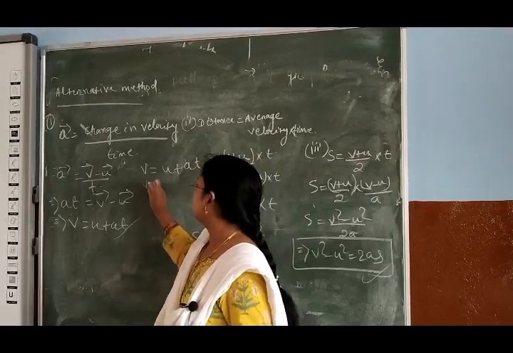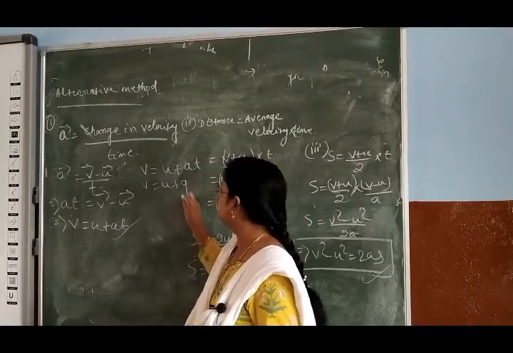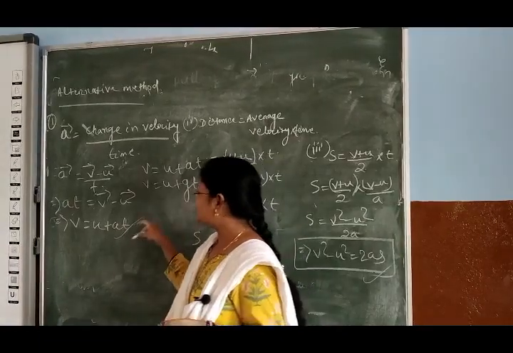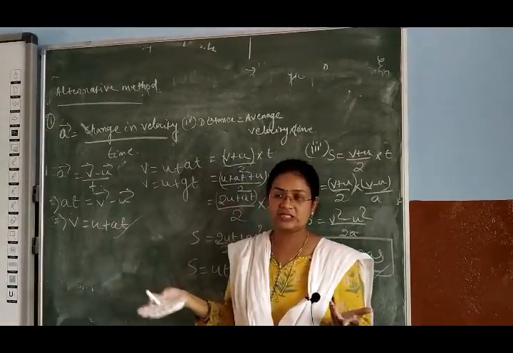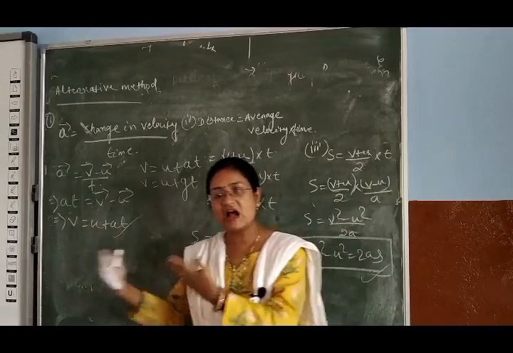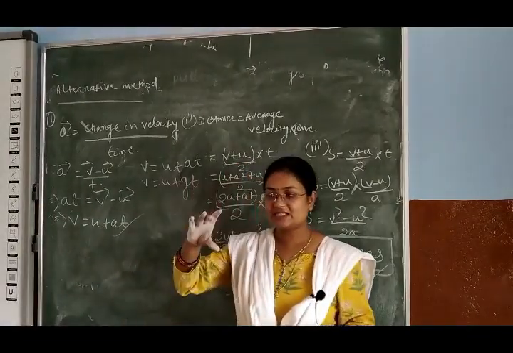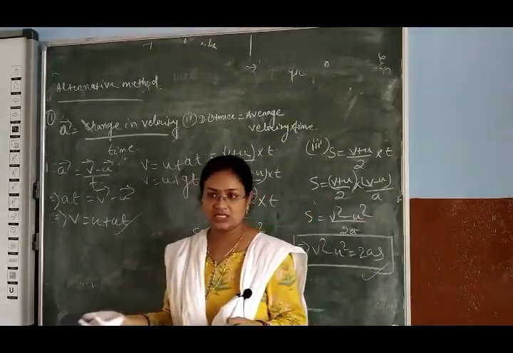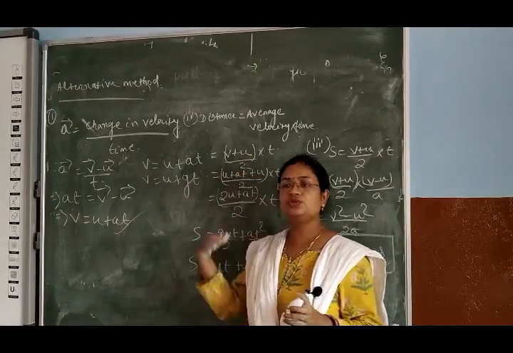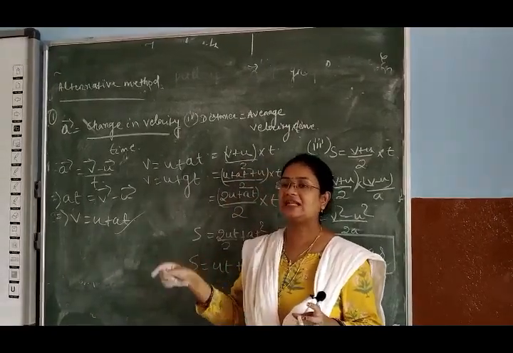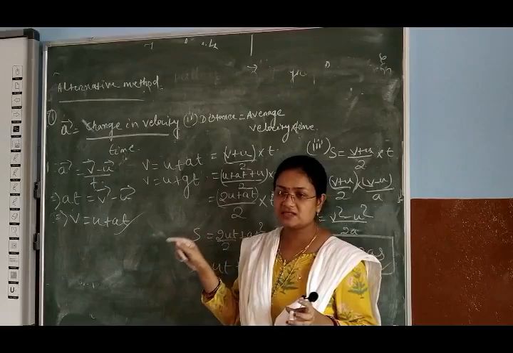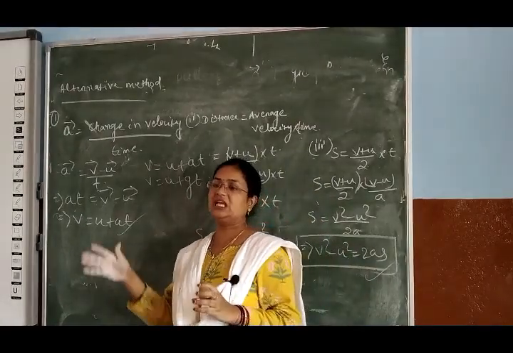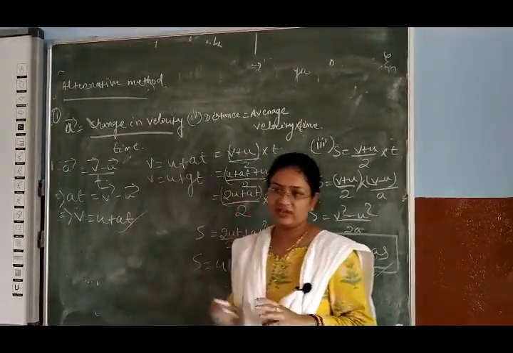For a freely falling body, it will be V equals U plus GT. S equals UT plus half AT square becomes S equals UT plus half GT square, and in place of S, you just write H. V square minus U square equals 2AS: in place of A, you just write G. So V square minus U square equals 2GH. That is for a freely falling body.